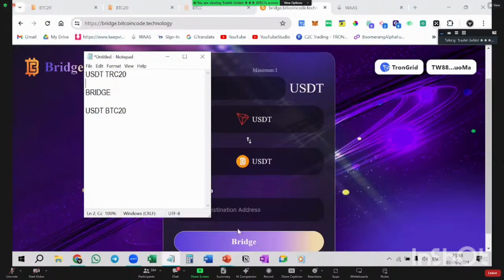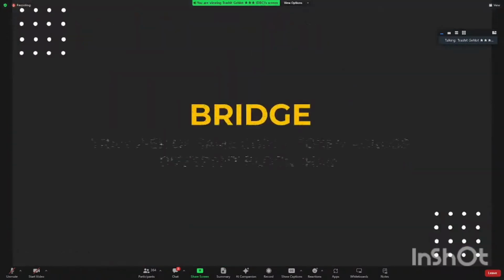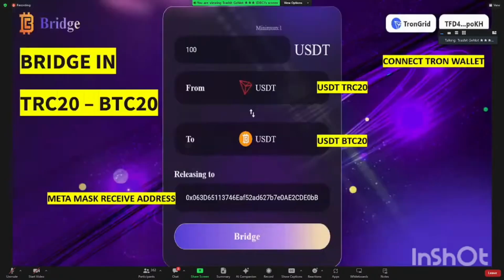All right. So once you want to bring in fresh funds, maybe to buy BTCC or just to transfer your assets from TRC20 to BTC20, you will require the bridge in feature. So understand this. You can access this feature from your mining app, and if you're using your mobile, you will have to open the Tron Link wallet, because for bridge in you will need to access the Tron wallet first, because your funds are transferred from Tron Link to the BTC20 that is on MetaMask.